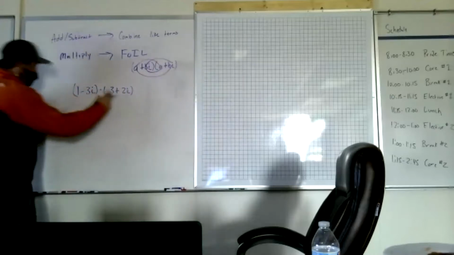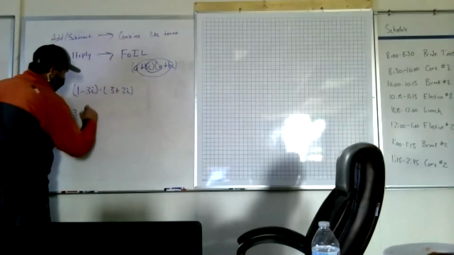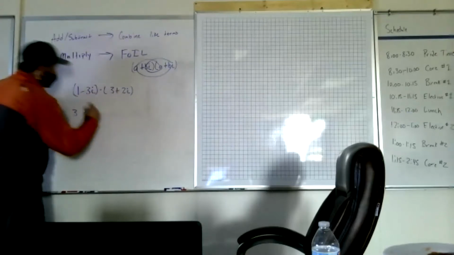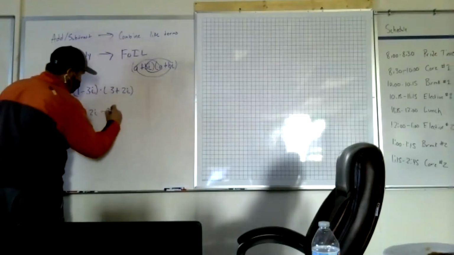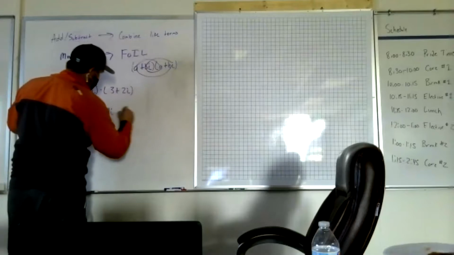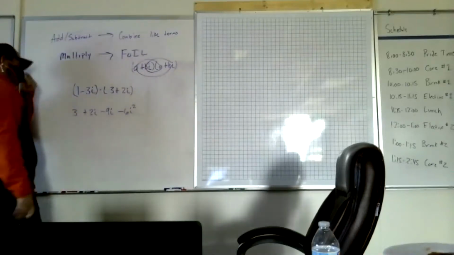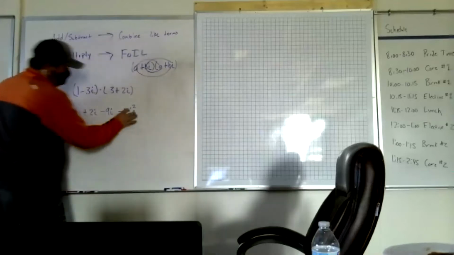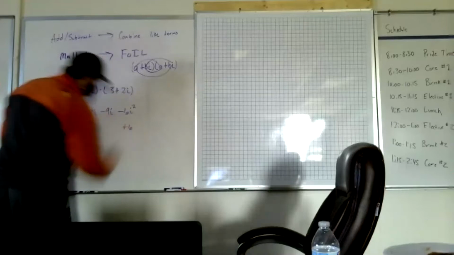Okay, 1 times 3 gives me 3. 1 times positive 2i gives me a positive 2i. Negative 3i times 3 gives me a negative 9i. Negative 3i times a positive 2i is negative 6i squared. i squared is equal to a negative 1. So this, instead of being a negative 6, it's really a positive 6.